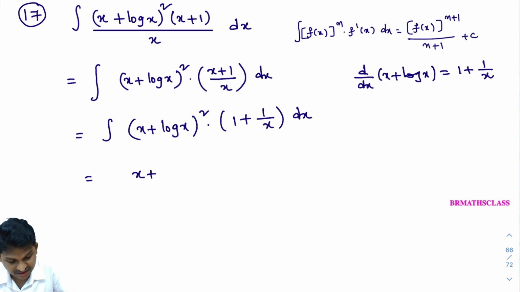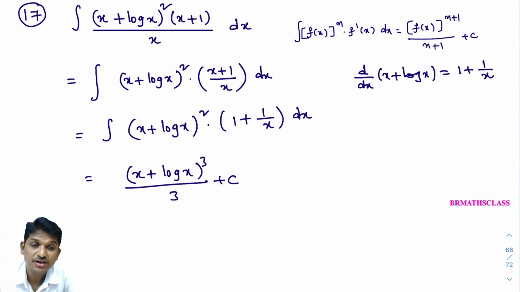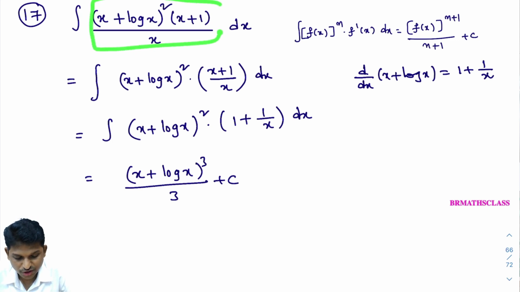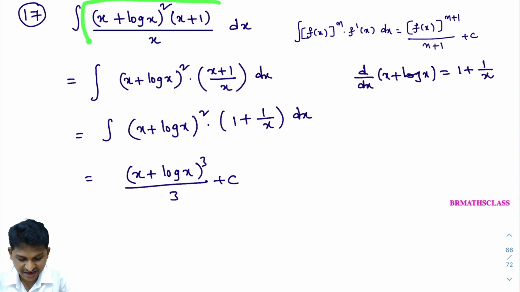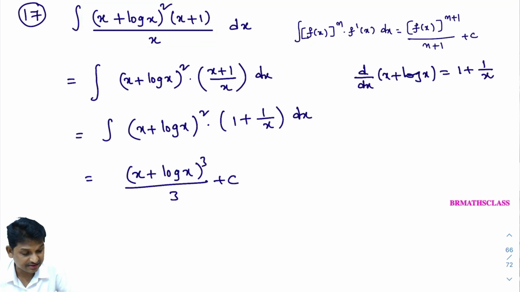So what you will get here is (x plus log x) whole cube divided by 3 plus c. I hope you understand this problem. These are easy problems. Only the thing is, by seeing the question, you need to identify that this is of this form. In case not, with a little bit of simplification, can I write the given function into this form or not? That is what we are learning in this class.